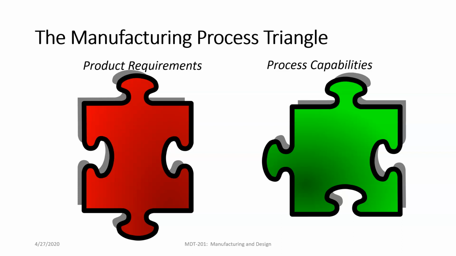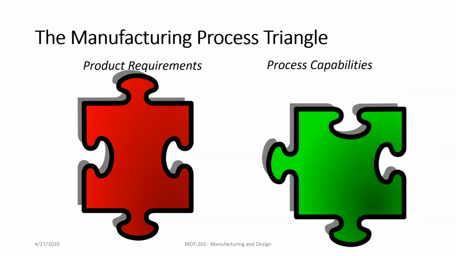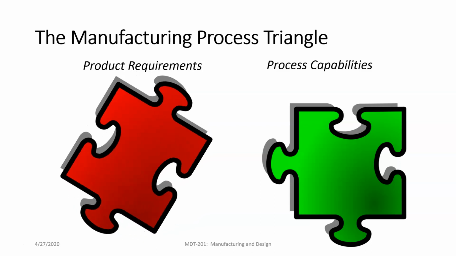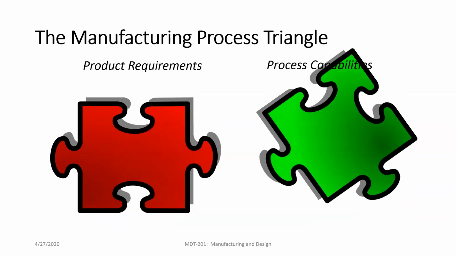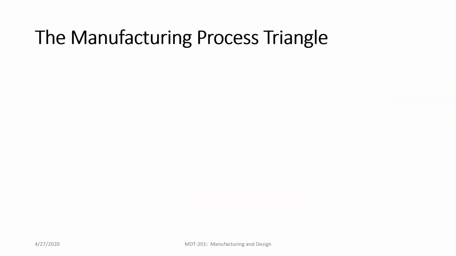How we can make the part flexible yet strong, resilient to Mother Nature, resistant to corrosion. All those different requirements, we have to figure out how to get those built into the product through the production process. And ultimately, we'll find that match.